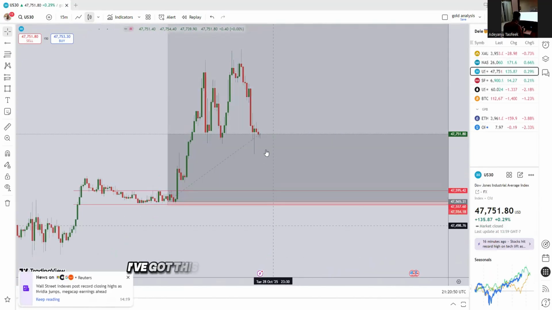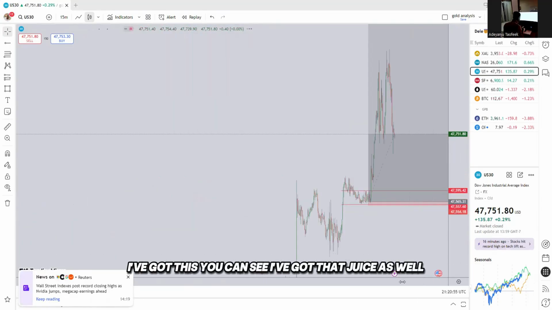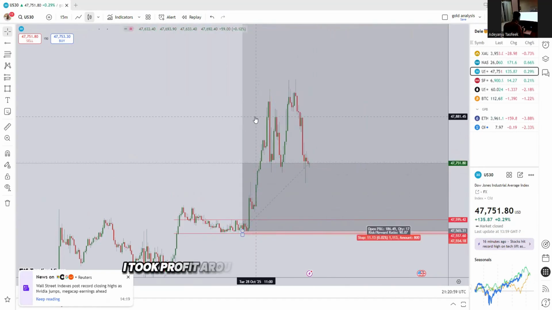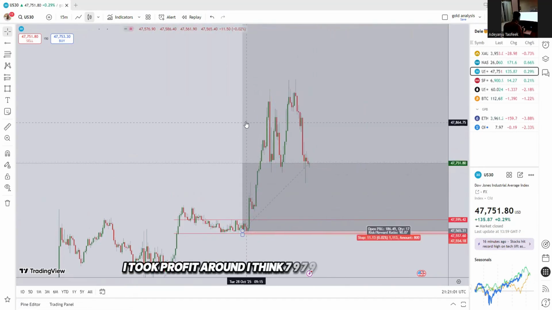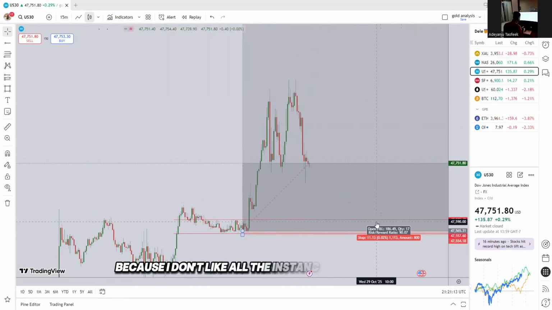And for Dow Jones as well, I got this. You can see I've got Dow Jones as well. I took profit around, I think, here. I took a profit around here because I don't like holding all the indices till the following day.